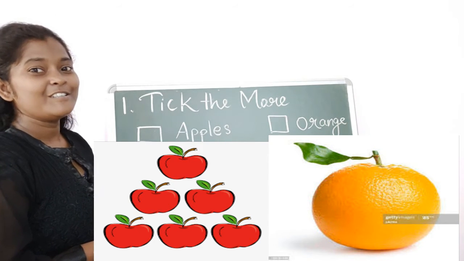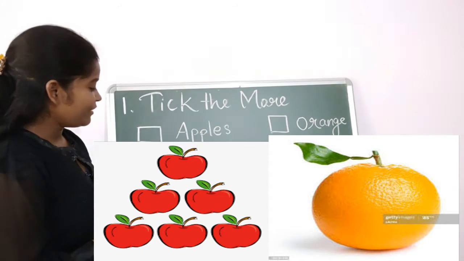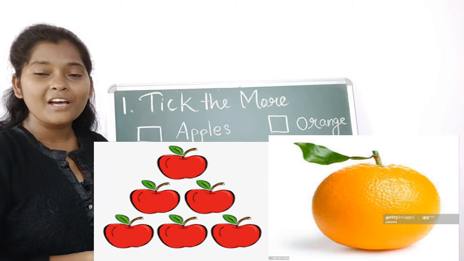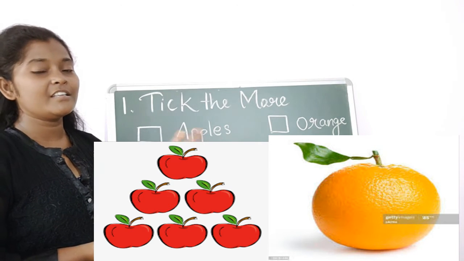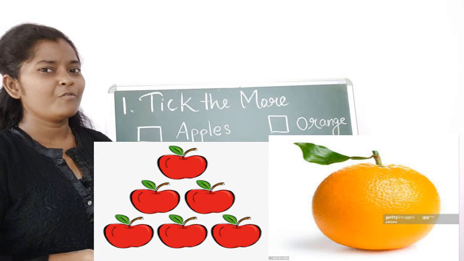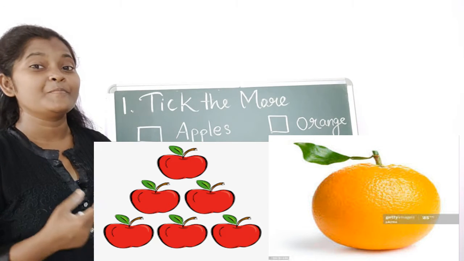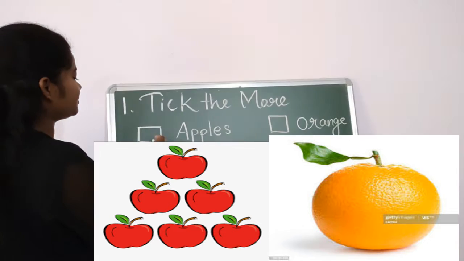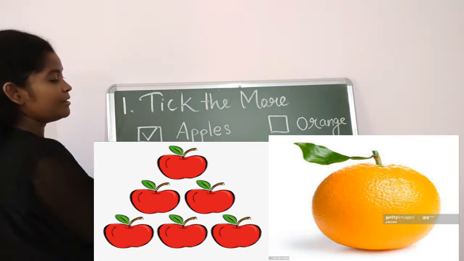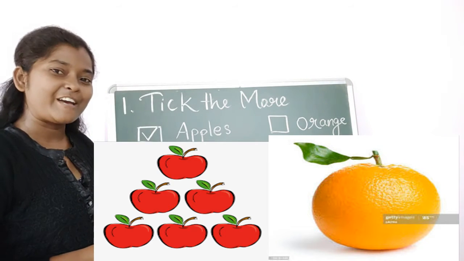Yes, 1, 2, 3, 4 and 5. Very good. Here we have 5 apples, and the orange, how many? One orange. So children, which is more? Apples are more. So you have to tick and select the picture of apples.